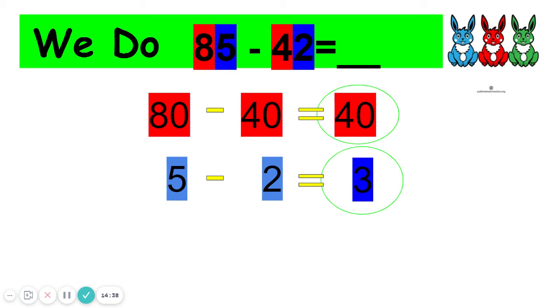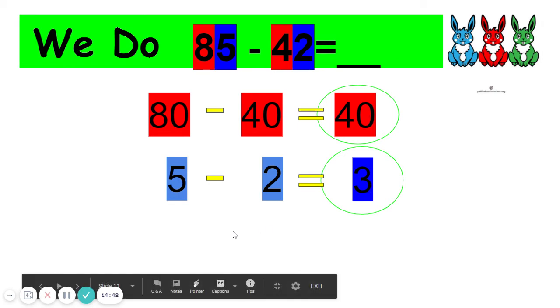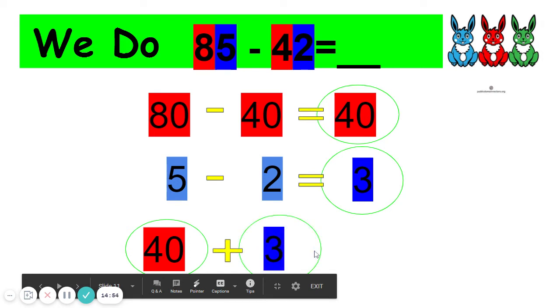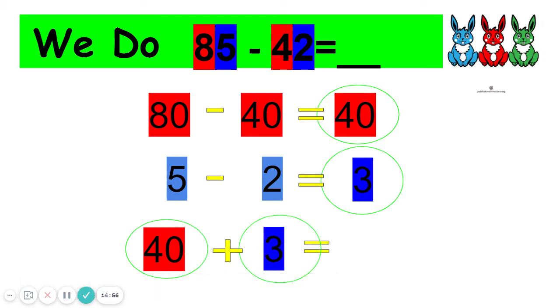Here we go. We've got our partial differences. This is part of our answer, our difference, that we have to add together. So I'm going to write 40 plus my 3, and 40 plus 3 equals the difference.